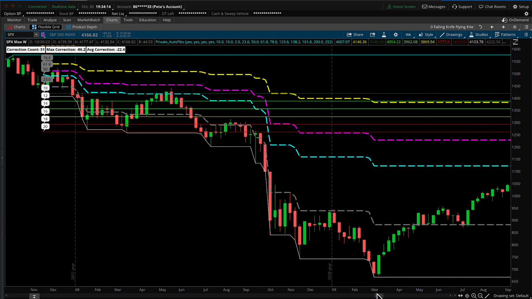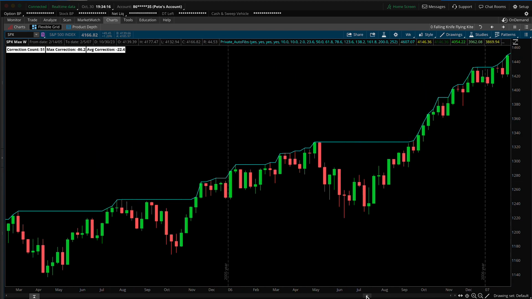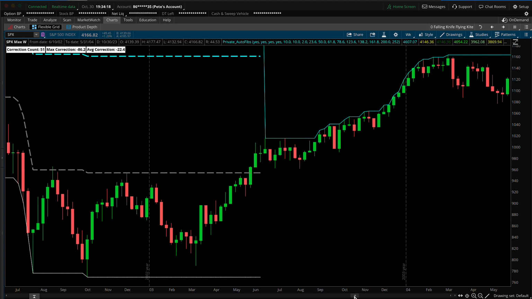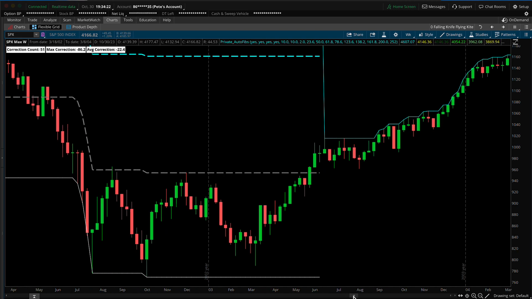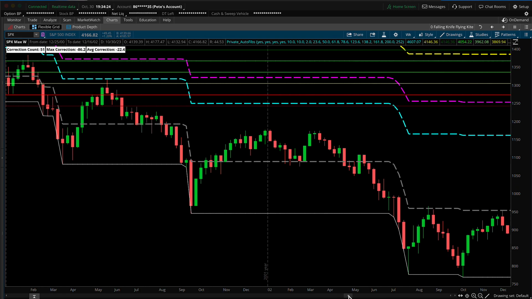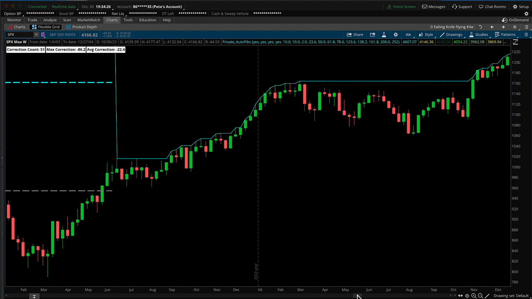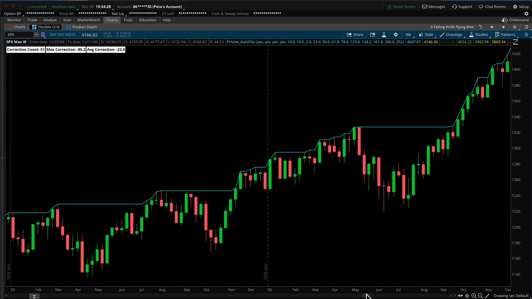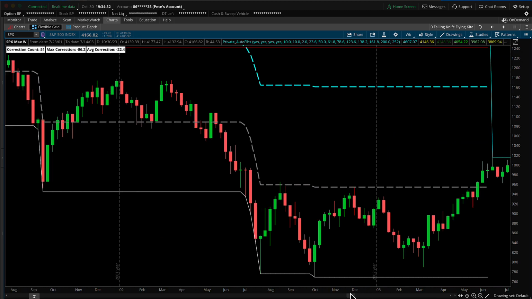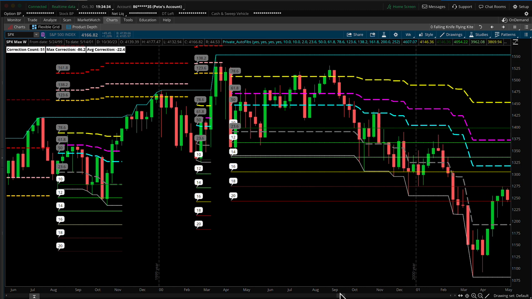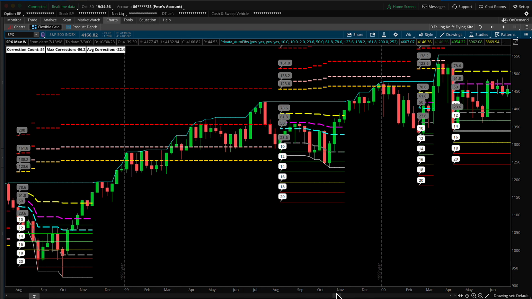The next one, we're going to go back to the 70s. So we've got a long way to go here. I'm just going to scroll through here carefully. You can see there is a new 52-week high after a correction. You see that right there. But you don't see any more corrections until we make a new all-time record high over here, 1580. Let's go back here and look at these.